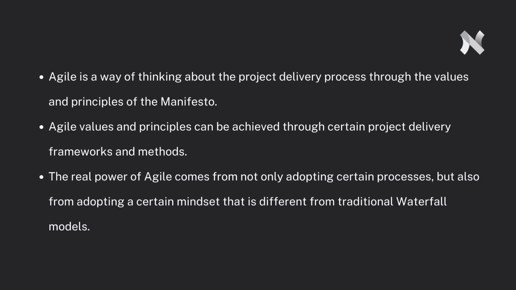These two ways of applying Agile demonstrate that the real power of Agile comes from not only adopting certain processes or strategies, but also from adopting a certain kind of mindset, one that is necessarily different from the traditional waterfall models. This means that you can still get some benefits from thinking in an Agile way and seek to apply those Agile values and principles from the Agile Manifesto, even when you need to use a waterfall delivery approach.